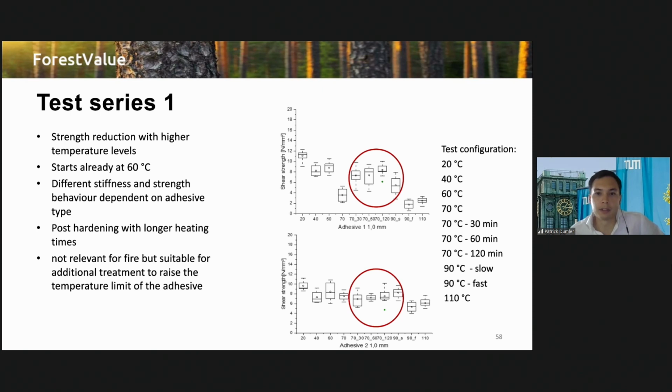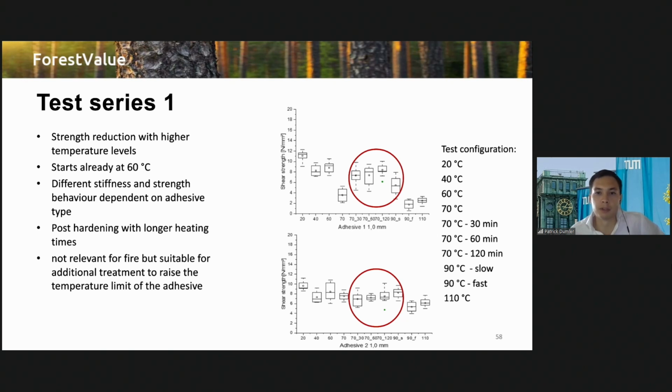In the red circles are the test series for the post-hardening effect, which were three at a temperature of 70 degrees. There, the specimens were heated to 70 degrees and then left in the oven for a specific amount of time. For the series with 90 degrees, the heating time was longer.